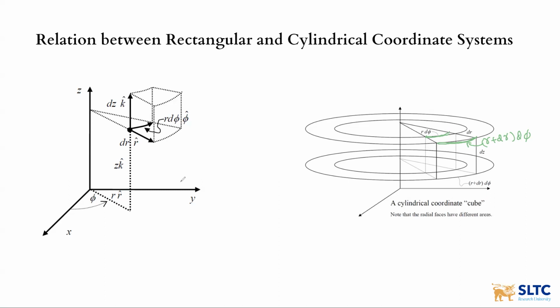R is defined in the cylindrical coordinate system as the R that we can draw from the origin to the XY plane point that corresponds to the position we are considering.